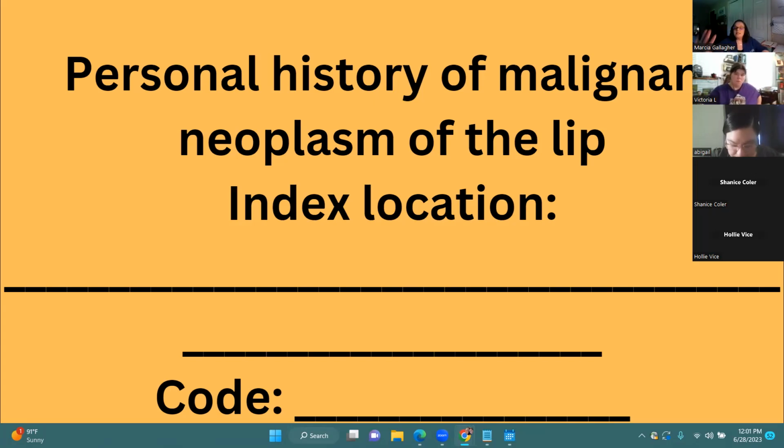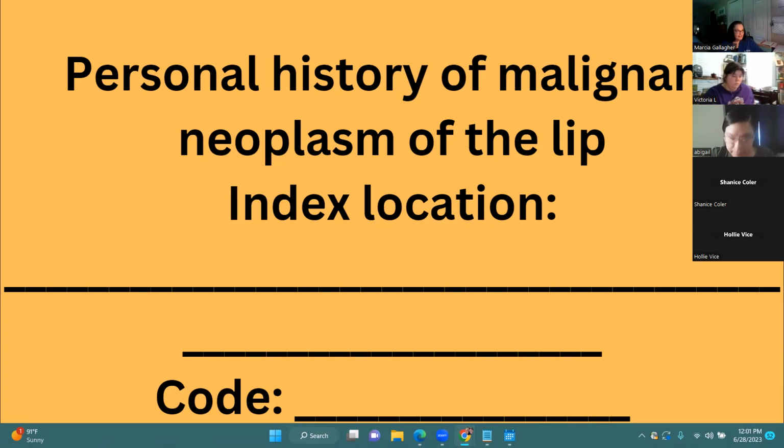Right, and that is if they currently have that. But what they're saying now is they've had it, they've been treated, they're negative. This is a personal history of malignant neoplasm of the lip. So that history is so important. History of codes are always found in Z codes.